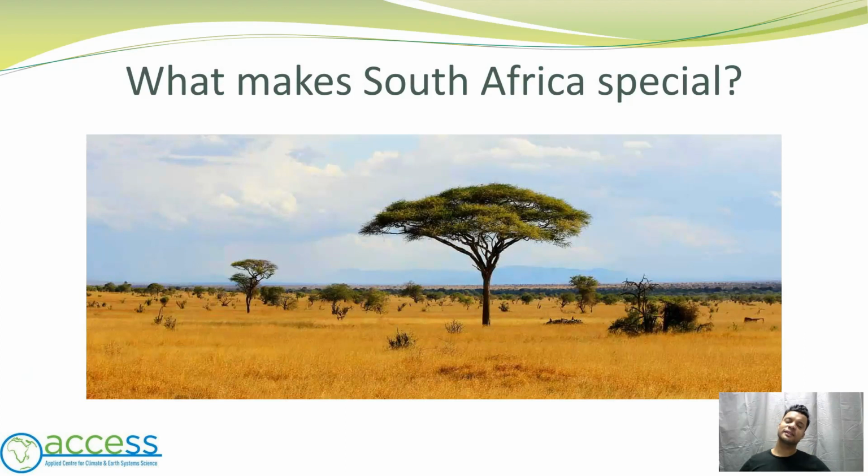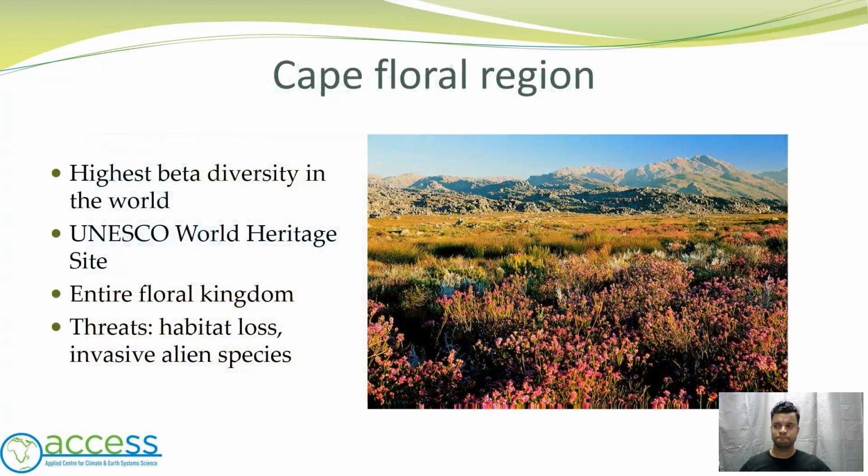So what makes South Africa a special place for biodiversity? There are two main things I'll talk about. Number one is the Cape Floral region, and number two is our climate. The Cape Floral region has been recognized as one of the most special places for plants in the world in terms of diversity, density, and number of endemic species.